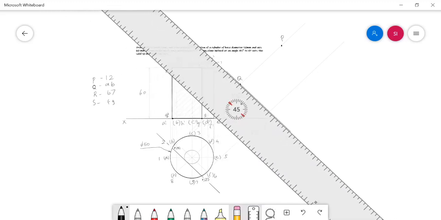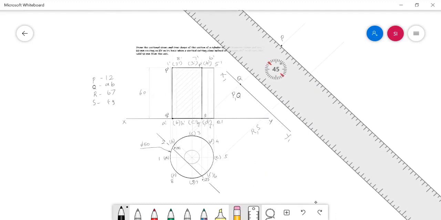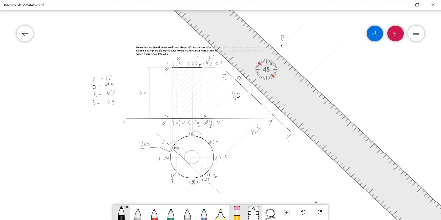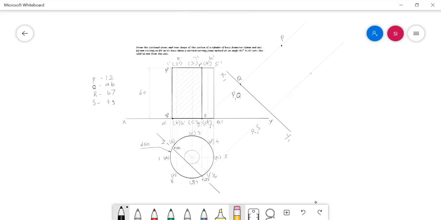So in the same way I need to mark the cut point R in its respective projector at the same distance between x1 y1 and R. Here I can mark the point R, and the point S dash is on xy itself. So here also I need to mark the point S in its projector on x1 y1.